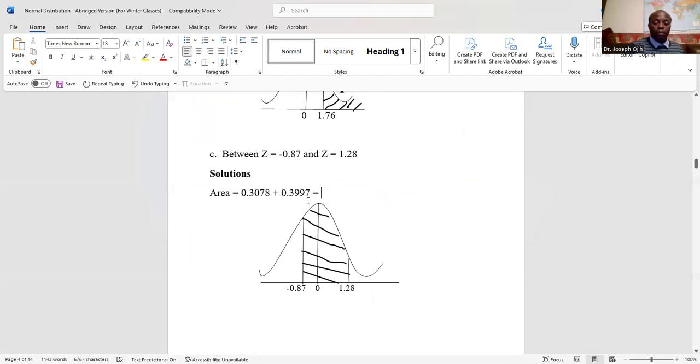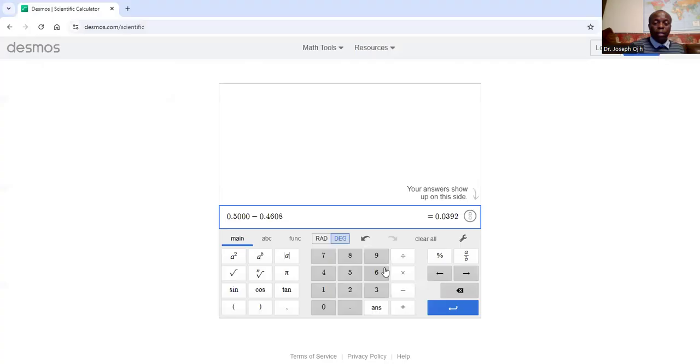Okay? On the calculator, 0.3078 plus 0.3997 gives us 0.7075, and that becomes your answer for the area.